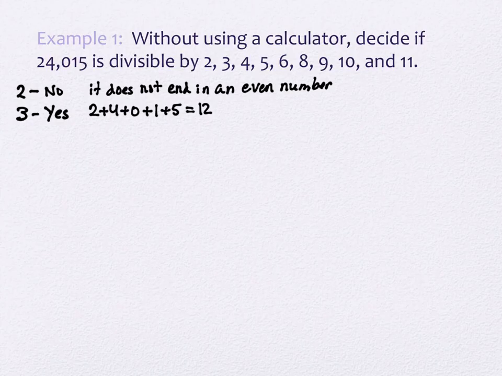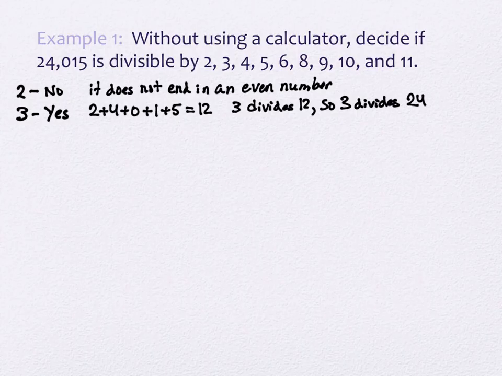So 3 divides 12, so 3 divides 24,015. If in place of the word divides you want to use the symbol, it's a vertical bar.